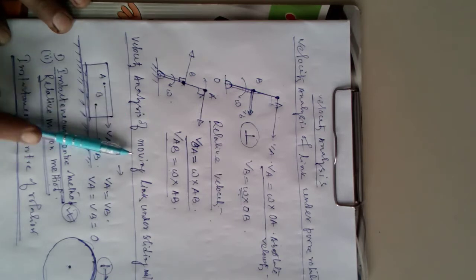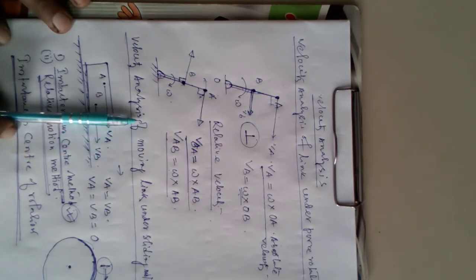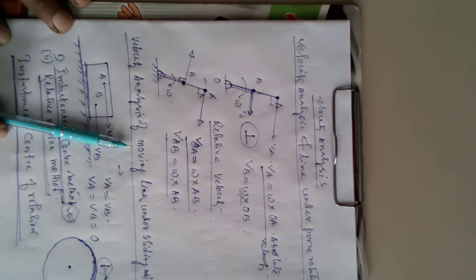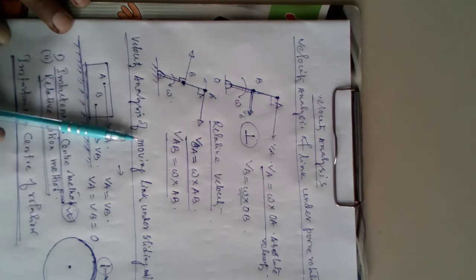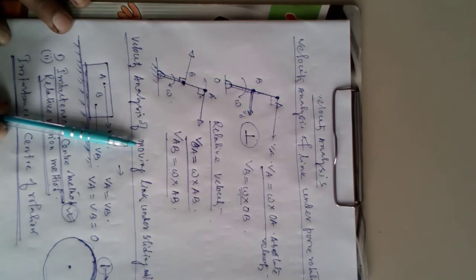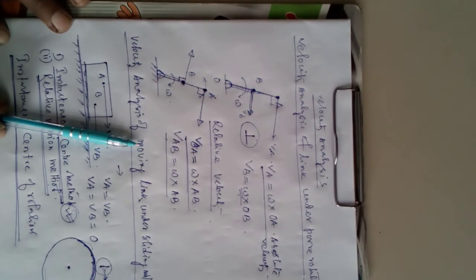The body is under rotation and translation. So it is assumed to be a motion of pure rotation. Suppose a link is moving with rotation and translation, so in that case we have to assume that the link is under pure rotation about some imaginary center of rotation.